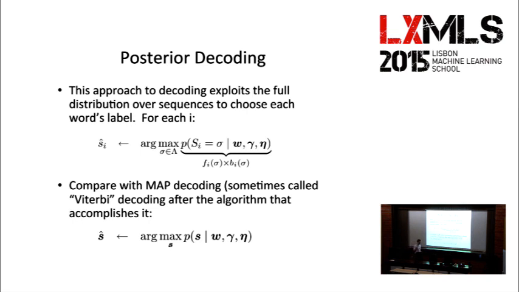Each word gets to decide on its own without worrying about a global assignment that's high quality. Okay, so this is Viterbi. Pick the max sequence overall. This is posterior decoding. Pick the most probable label for each word on its own, conditioned on all the other words. You're not ignoring them, but you're ignoring the decisions about them.